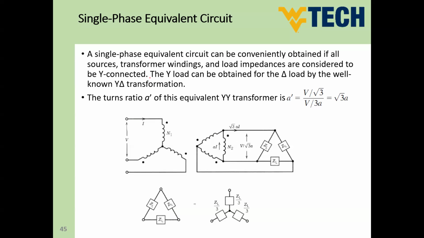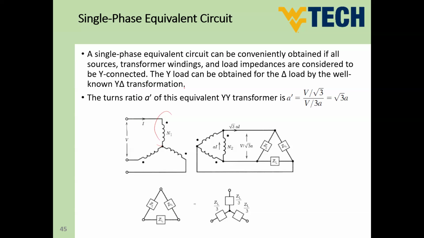So if you assume that you have Y connection, you can easily say the single phase circuit is nothing but one of the phases, and start solving your question as a single phase. The Y load can be obtained from a delta load by the well-known Y-delta transformation.